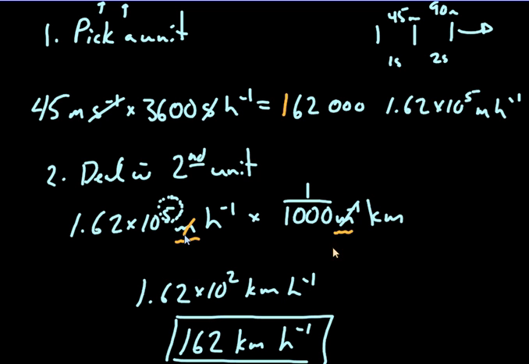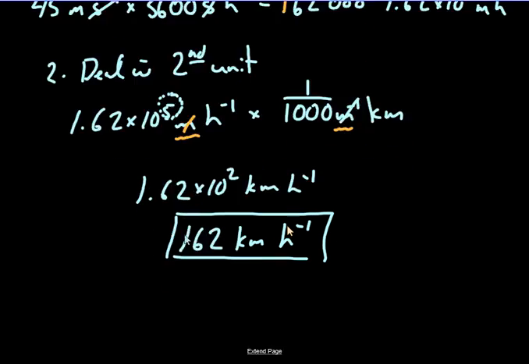If all of a sudden you end up with units that don't make sense, or you're butting two negative ones up against each other when you shouldn't be, that's your clue, your secondary way of understanding that something you did somewhere along here isn't right. Now you're going to get all kinds of crazy conversions. You're going to get inches to meters. You might get light years to kilometers, and so on. But this method works for everything.